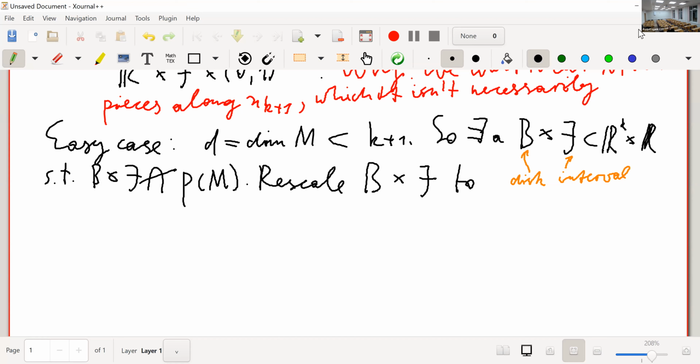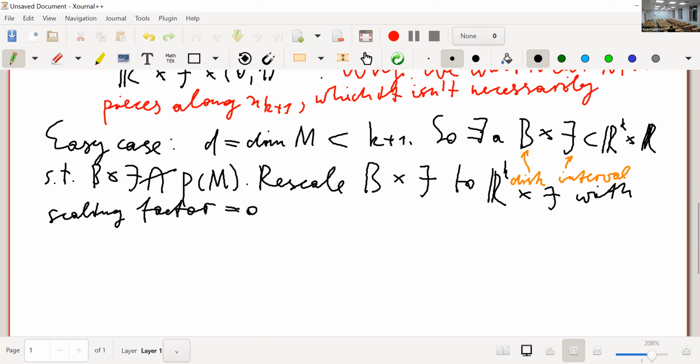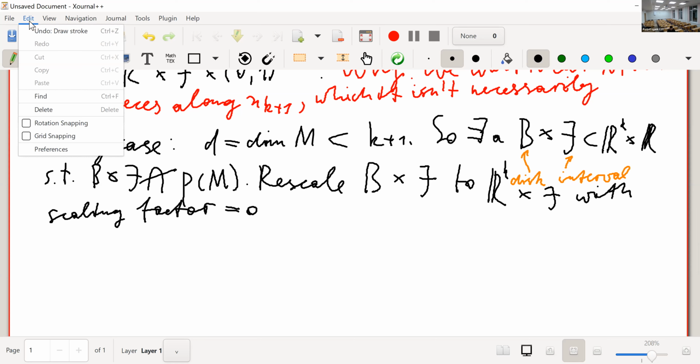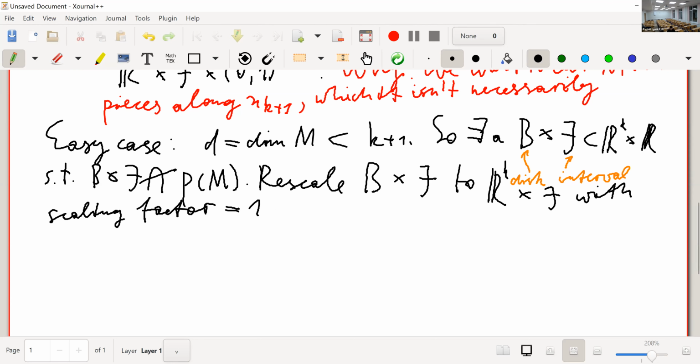So we rescale B cross J to R k plus J. The scaling factor had better be 1 close to the extremities of J. Let's try to draw it.